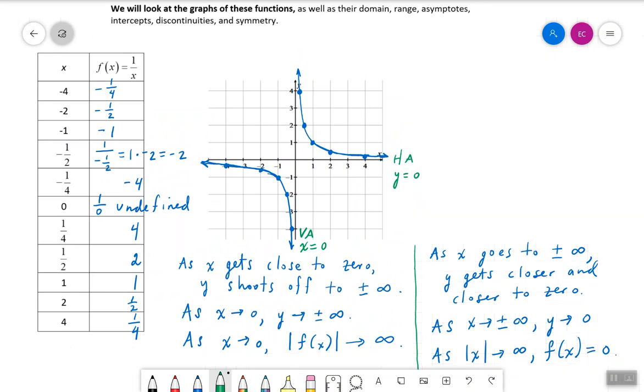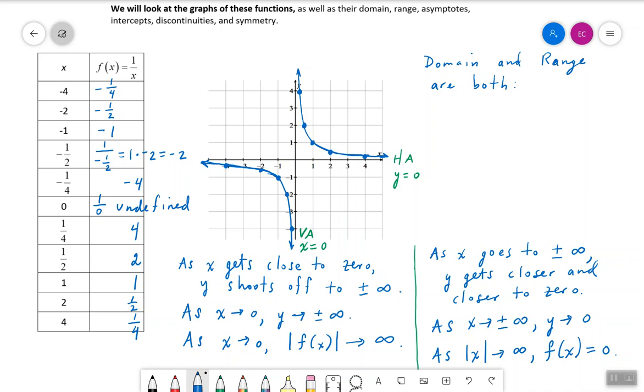There are a couple other things I'd like to say as well. I'd like to remind you about the domain and the range. The domain and the range are the same for this graph. Do you see what it is? If we work on the domain, we look at all of the x values from left to right.